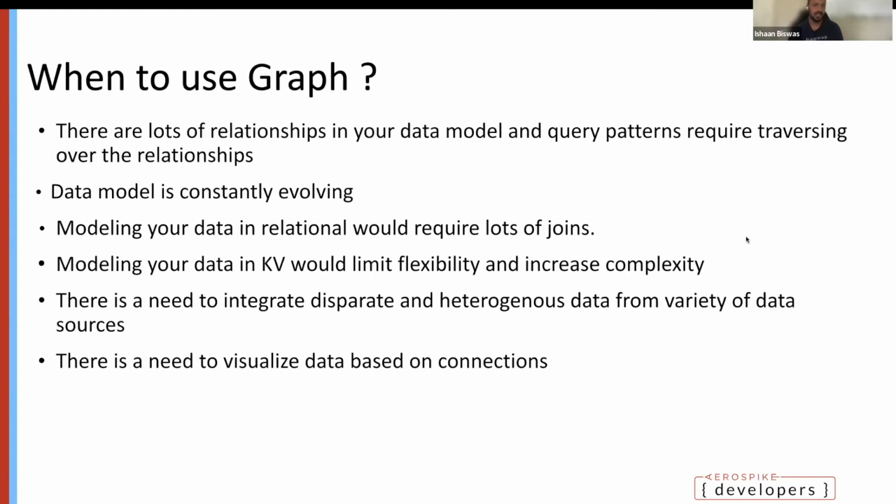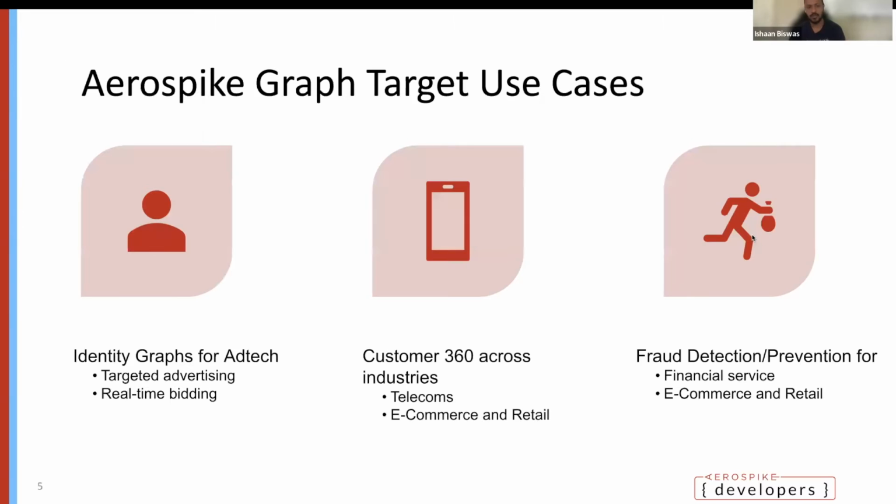So with that, let's get into what are the industry verticals where these characteristics fit really well. So one is identity graphs in the advertising tech ecosystem. Whether you're doing targeted advertising or real-time bidding, identity graphs are crucial and are very predominantly used by many companies and organizations in this ecosystem.